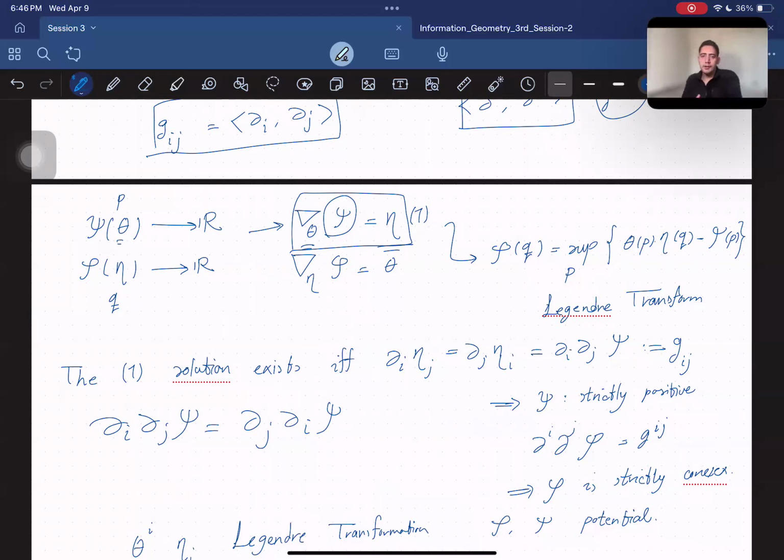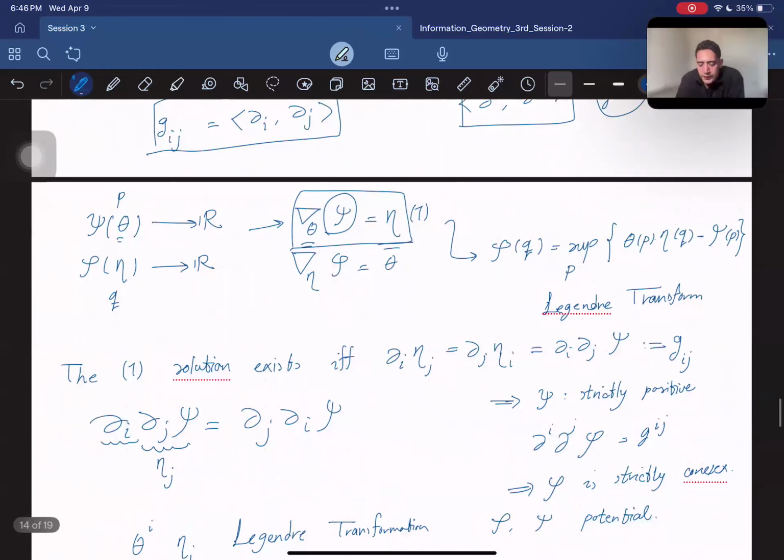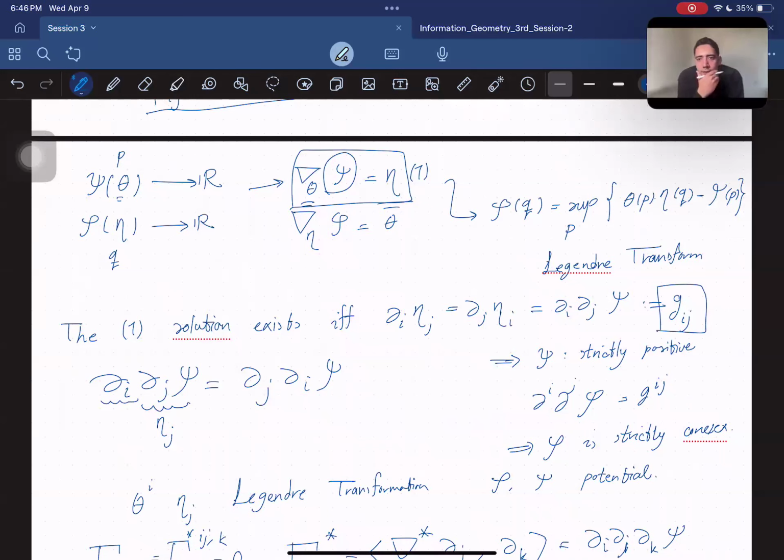But wait a minute. This thing is nothing but eta j, but if we take the derivative with respect to theta i of eta j, if you remember from the calculations above, it is nothing but the Riemannian metric. So how can we find this psi function? We solve another second order derivative equation.